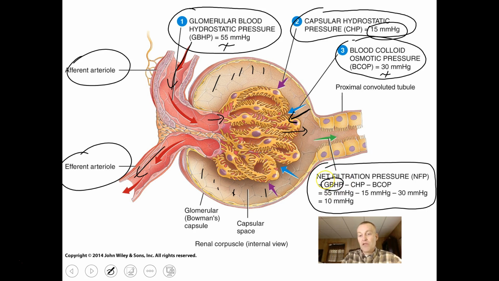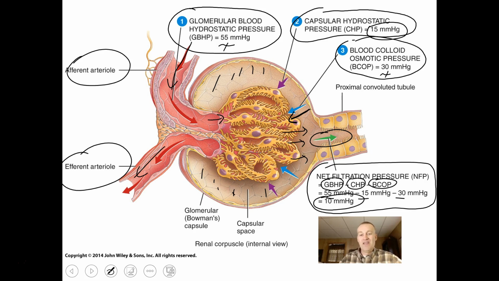So when we look at the net filtration rate, we're going to take the hydrostatic pressure from blood, we're going to subtract that from the capsular hydrostatic pressure and from the blood colloid osmotic pressure. So if you look in the little equation here, we have 55 millimeters of mercury minus 15 millimeters of mercury minus 30, and we get a positive number. If you get a positive number, that means that there will be some filtration, so there will be substances coming out of the glomerulus moving into the proximal convoluted tubule.